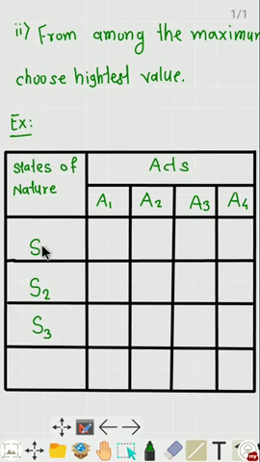So for this state of nature, if we perform action A1, we get the payoffs 80, 90 and 100.